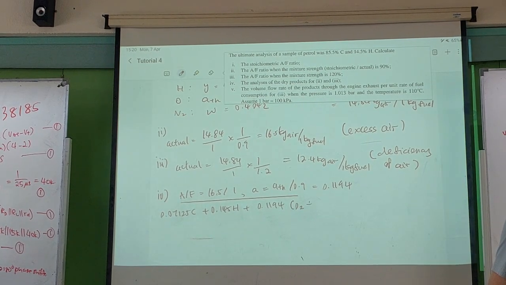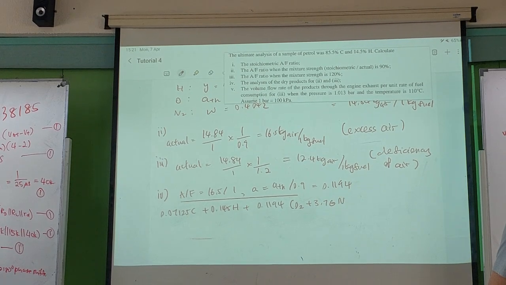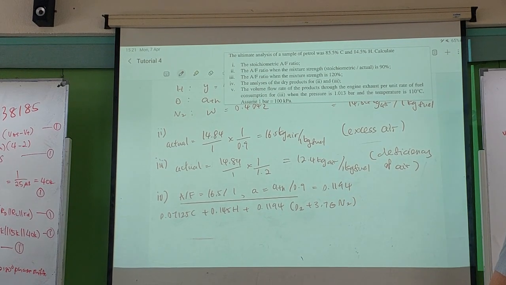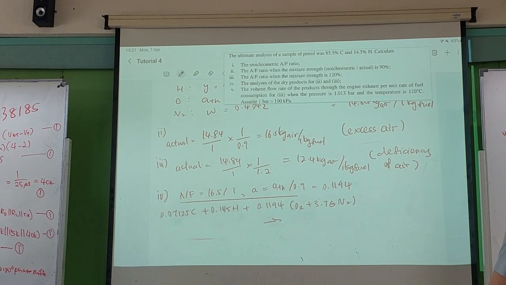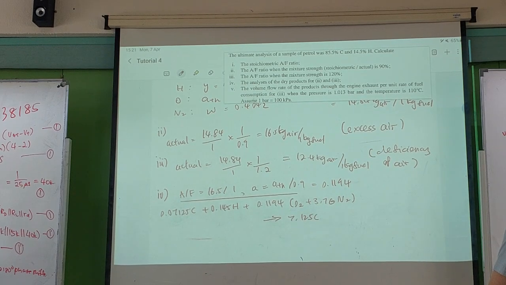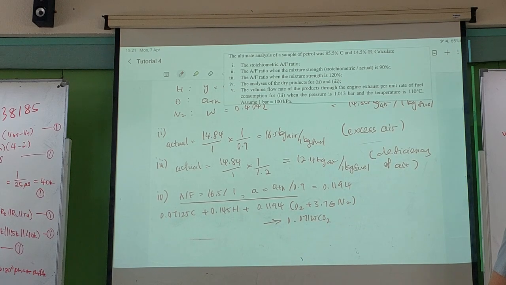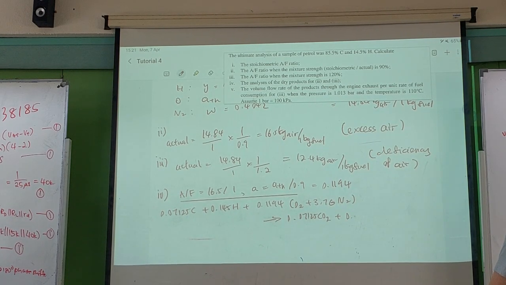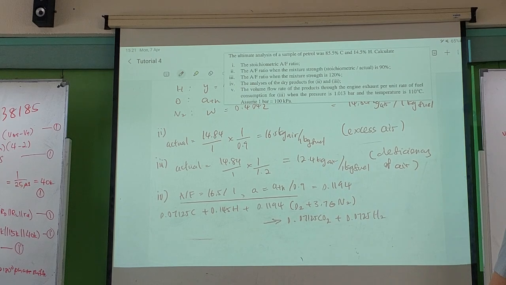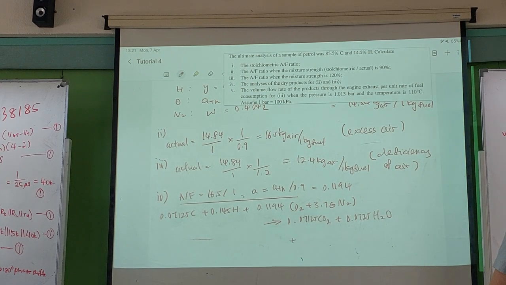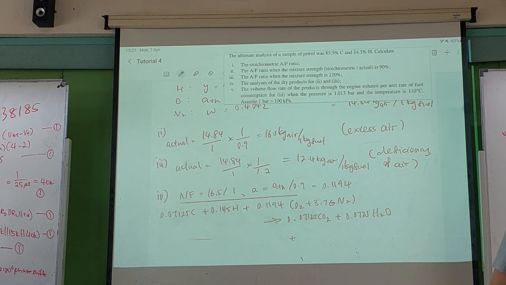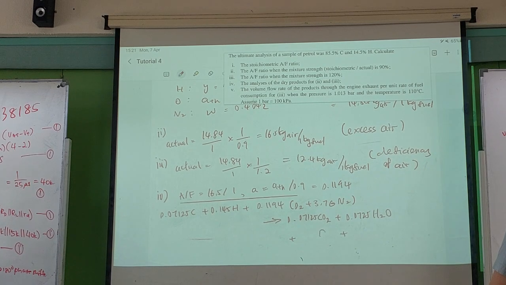And then O2 plus 3.76 N2. So this is a case of excess air. So then you will get 0.07125 CO2 plus 0.0725 H2O, and you will get excess oxygen, and then nitrogen. So these two.